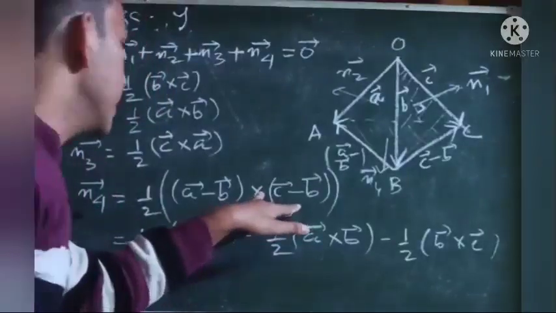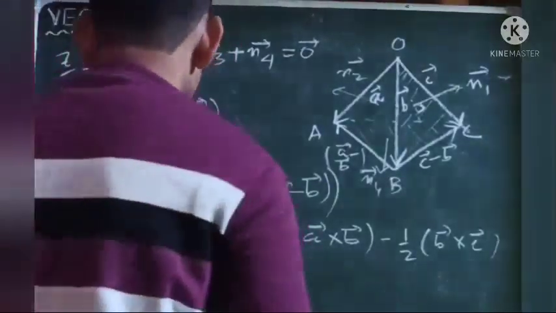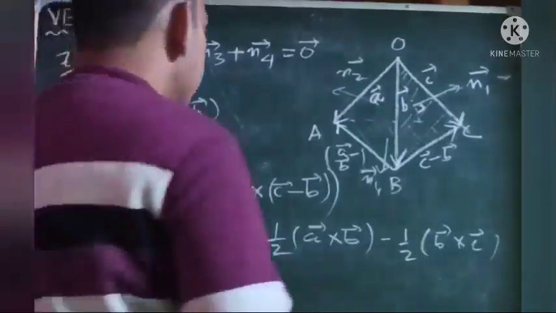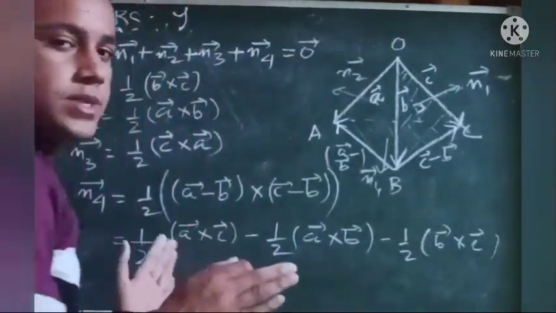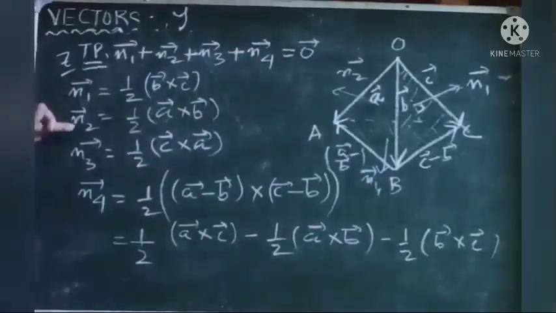B cross B is going to be 0 because both these vectors are parallel, and we know that the cross product of parallel vectors is 0 because the angle between them is 0, and sin 0 is 0. Now we have to add these vectors.